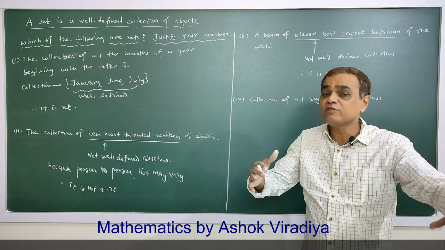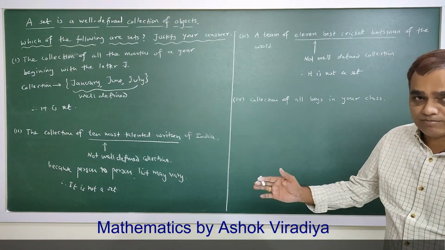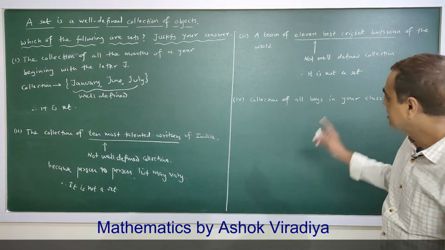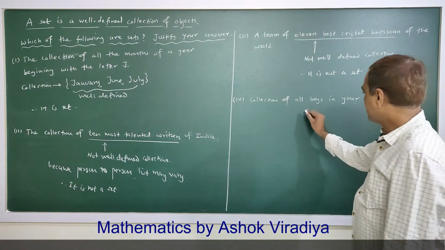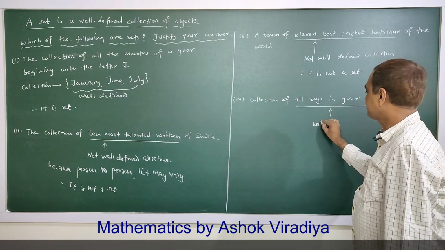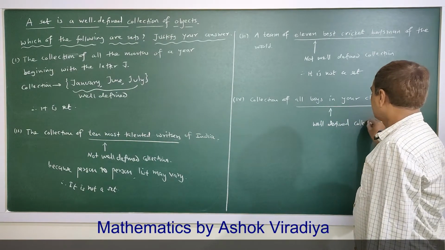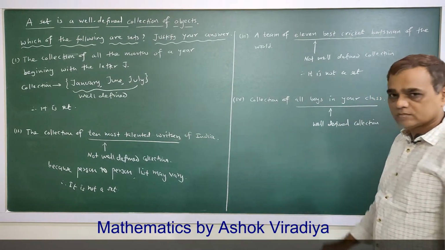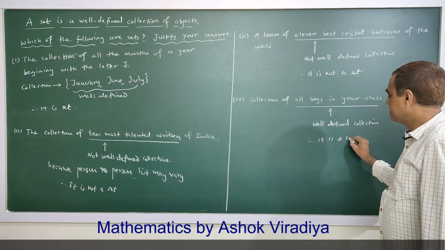So whoever prepares a list of 25 boys, the list will be the same. So that means this is a well defined collection. Collection of all boys in your class is a well defined collection. So it is a set.